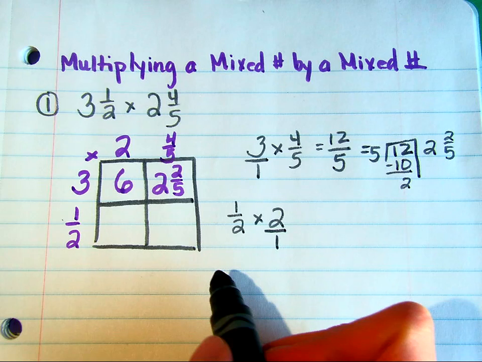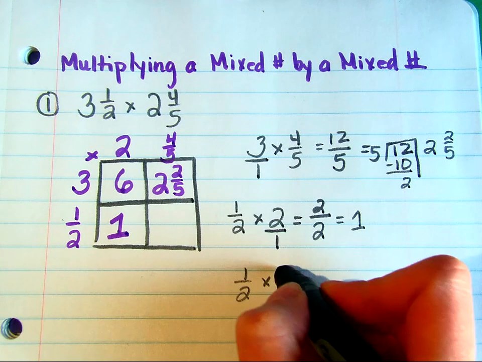And now I will multiply 1/2 by 4/5 to put in this box. 1 times 4 equals 4, and 2 times 5 equals 10.